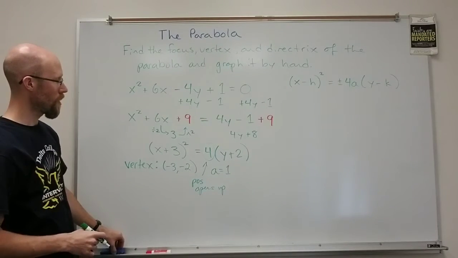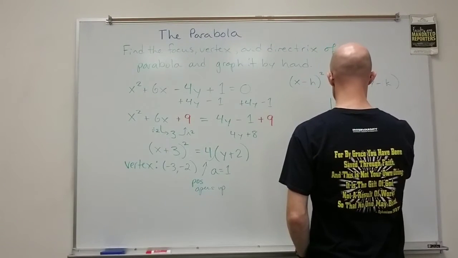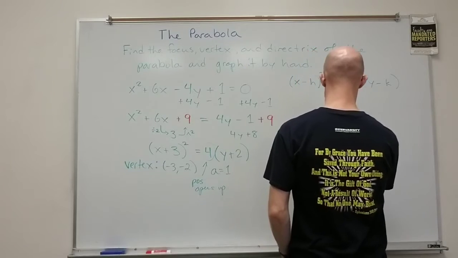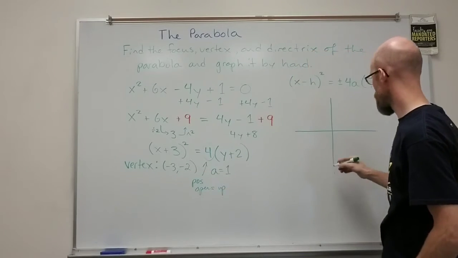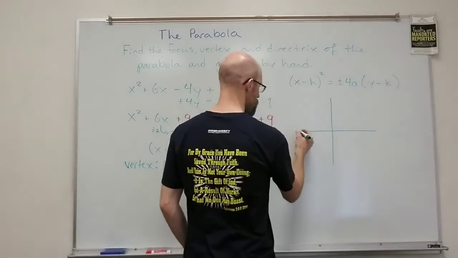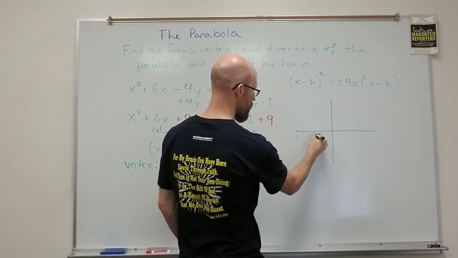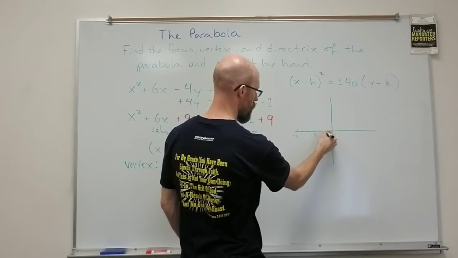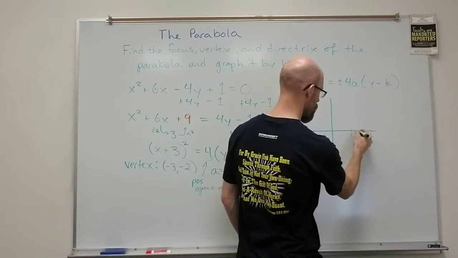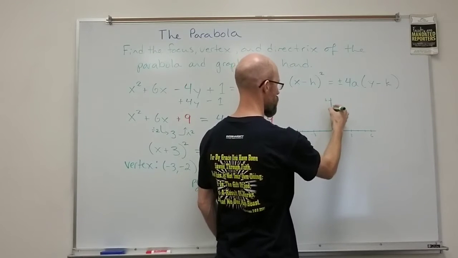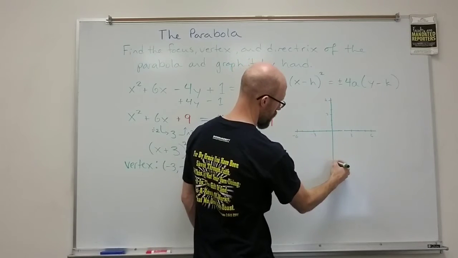Okay, so now let's actually try to plot this graph. I don't need too big of a scale here. I don't need a lot of values in each direction. The vertex is at -3, -2. Maybe let's go 6 in each direction, 6, -6, -3, and 1, 2, 4, 5 roughly.